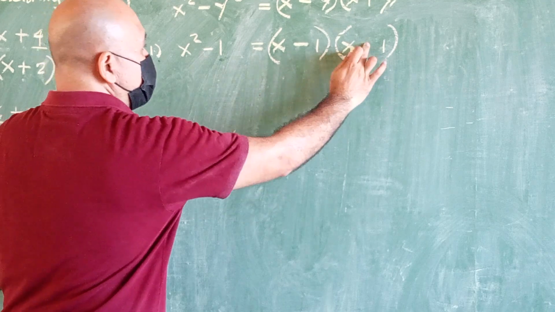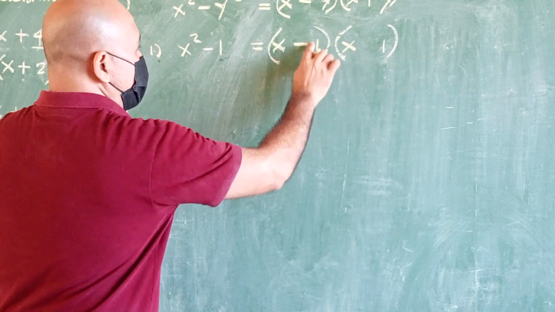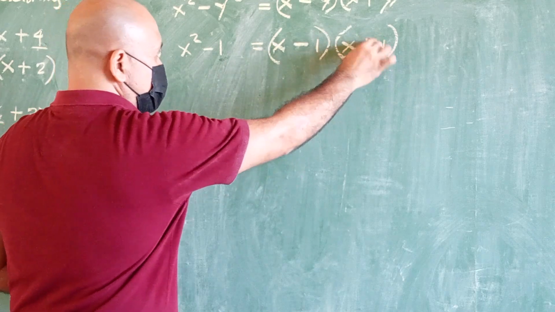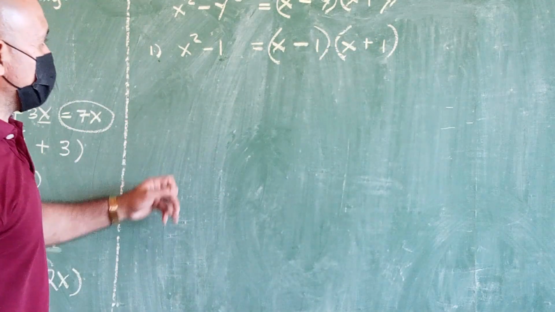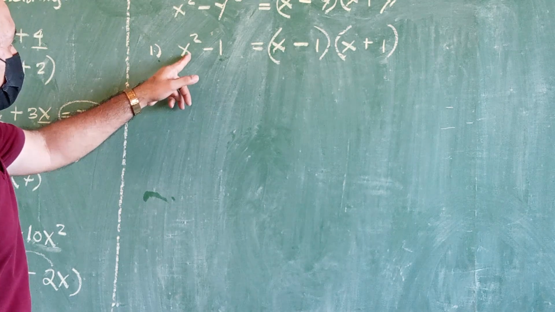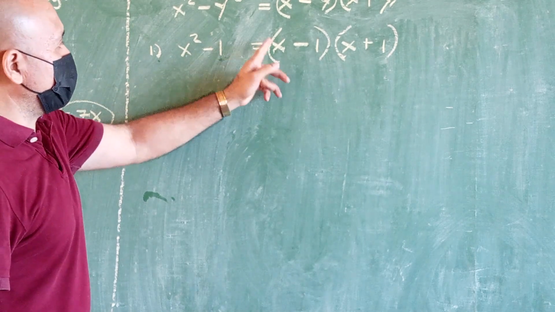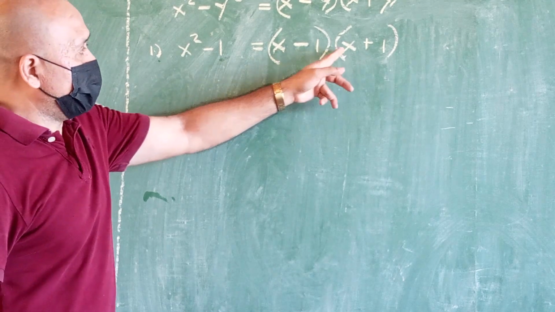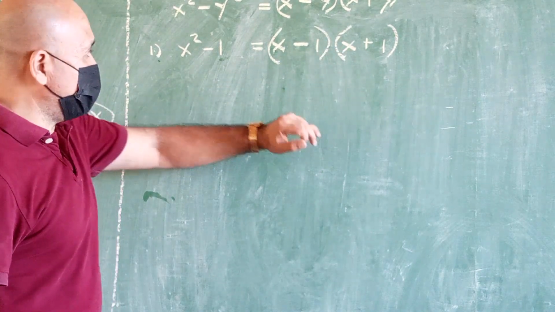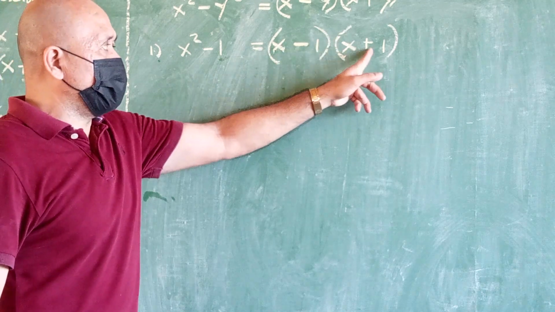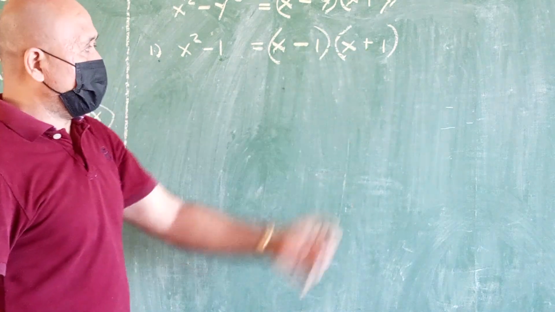And for the second binomial, take the reverse or the opposite of minus, which is plus. So simple as that. When you factor out x squared minus 1, the resulting factors are the product of x minus 1 and x plus 1. Or simply, the quantity of x minus 1 times the quantity of x plus 1.